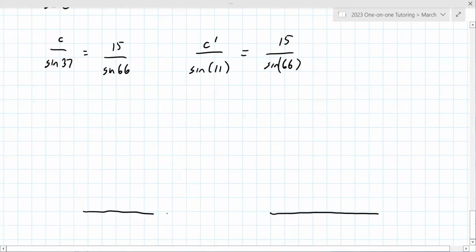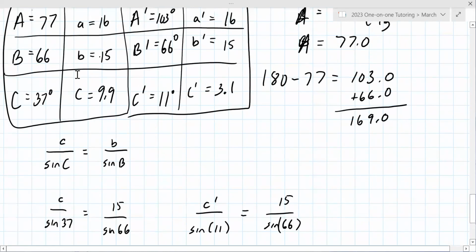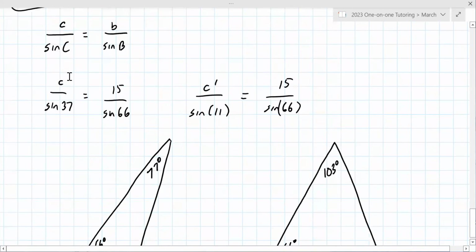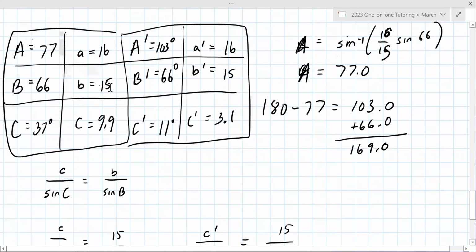I'm shocked that you have to draw these. Okay, so that's the 66 degrees. And then when you come back, that's going to be the 77 degrees, even though it may not look like it. And then when you draw the 66 degrees again, the one going the other way is the 103 degrees. I have not drawn these very well.